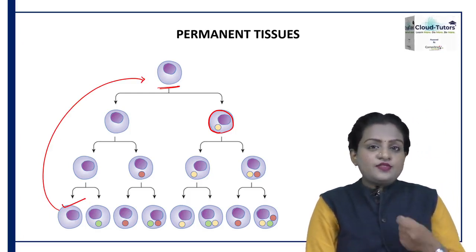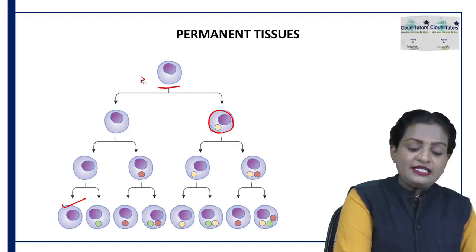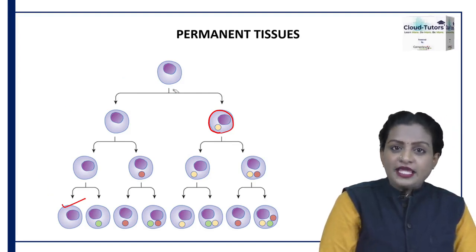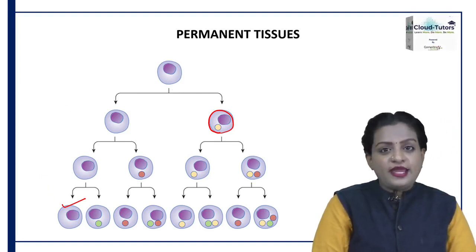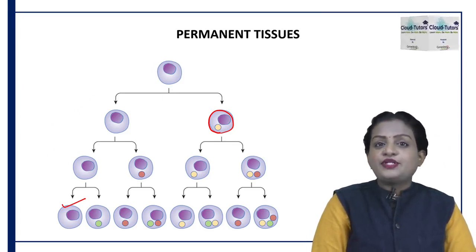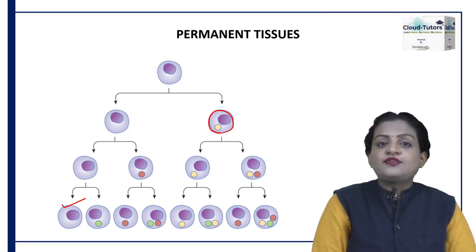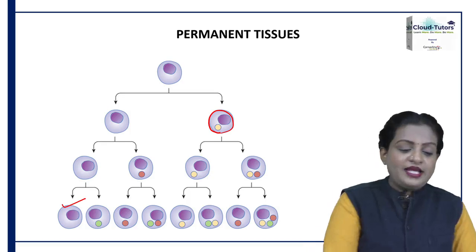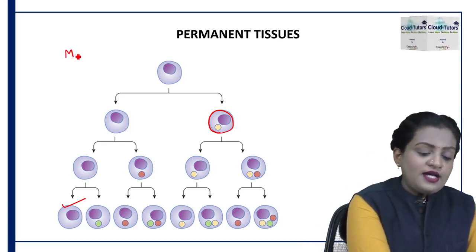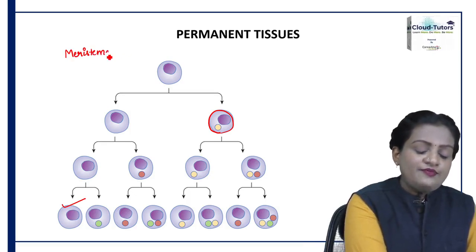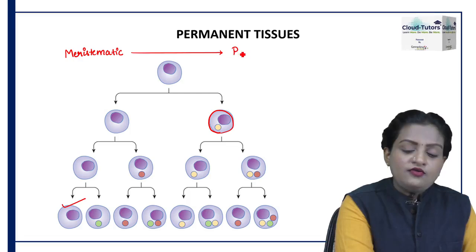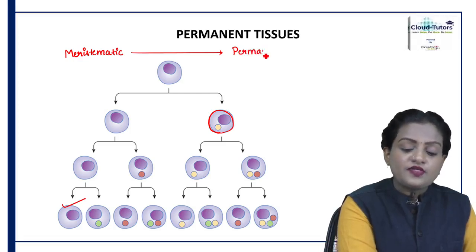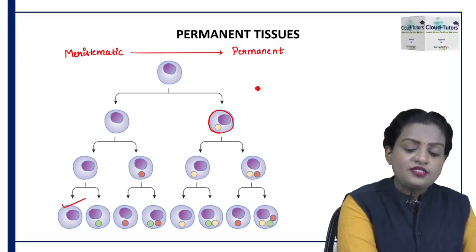So the process by which a meristematic tissue obtains a specific shape, size and particular function is known as differentiation. And through this process, a meristematic tissue will slowly become a permanent tissue. How? It is a stepwise process, not a one-step process.